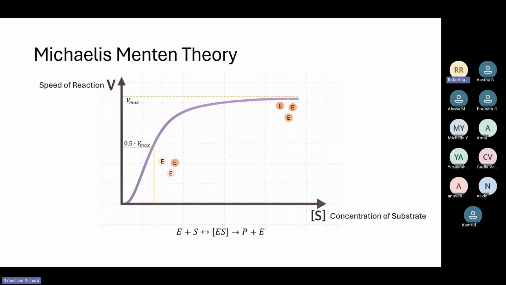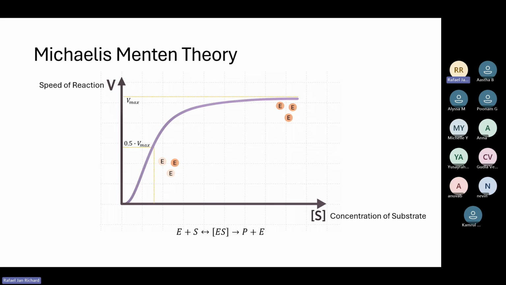You may have heard of the Michaelis-Menten theory, which is concerned with the rate of an enzyme-catalyzed reaction. As you can see here at the top, there's Vmax, or the maximal speed of the reaction rate.